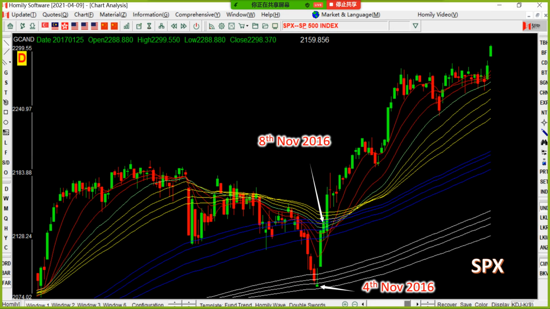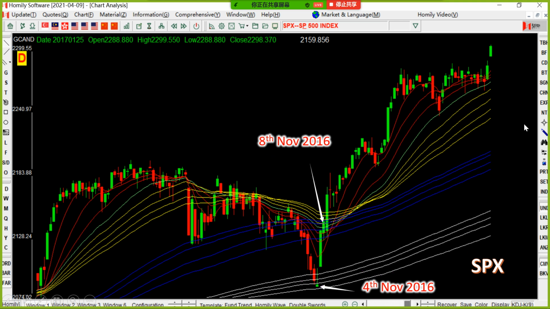Last time I shared with you, November 8th was the election date. But the final bottom area is where the market dropped all the way, touched the white rainbow, just 2 trading days before the election date. So that is the S&P 500.